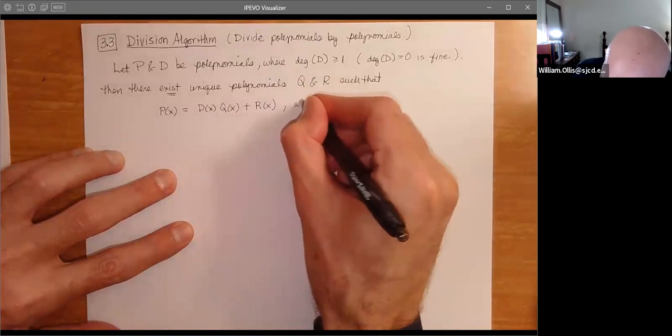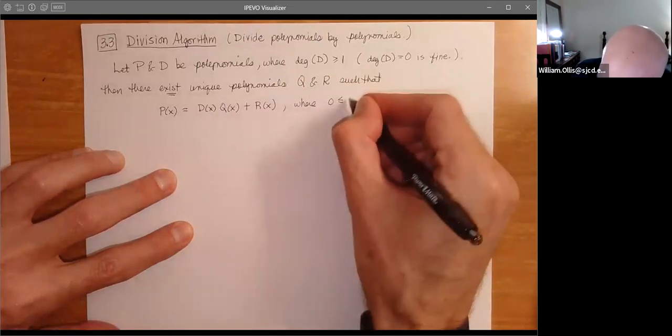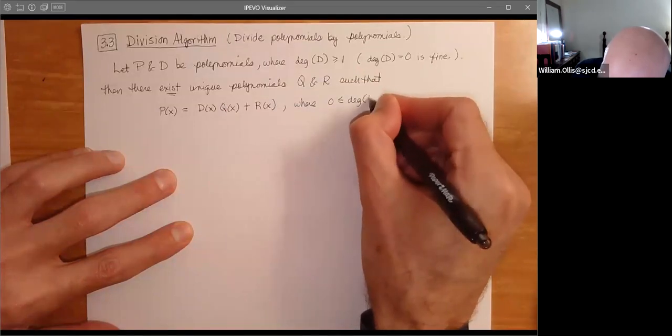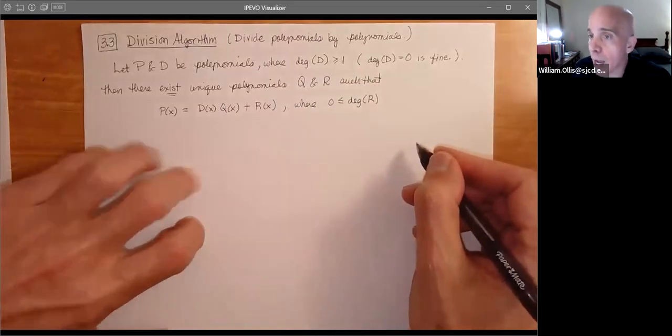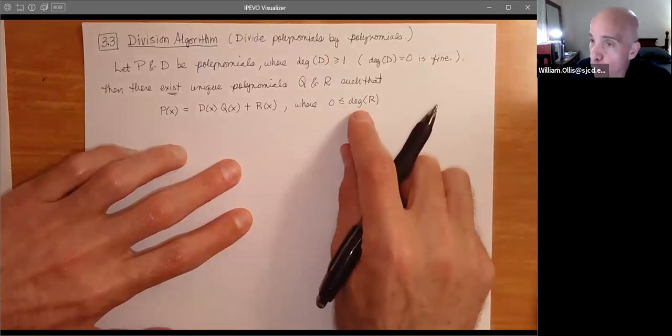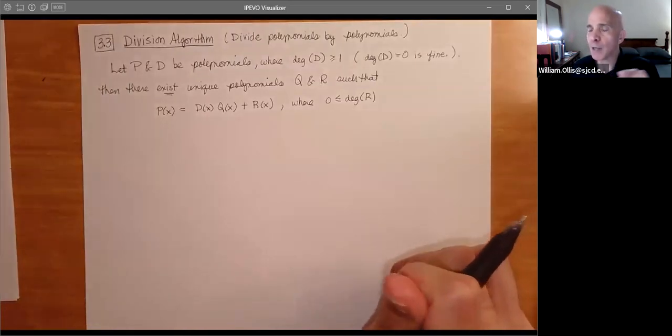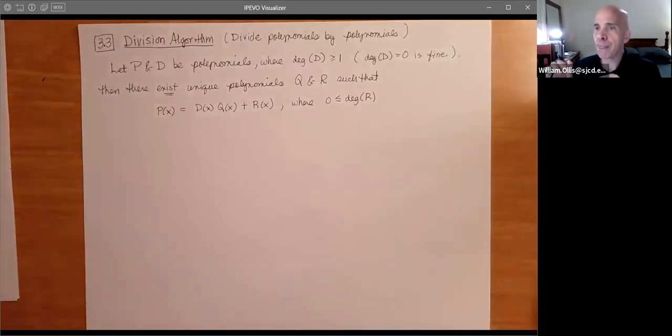And in this case, again, the degree of R, remember, we can have a constant polynomial, which is degree zero. The degree of the remainder is kind of like when you're dividing two numbers, you just keep going until the remainder is less than the divisor.